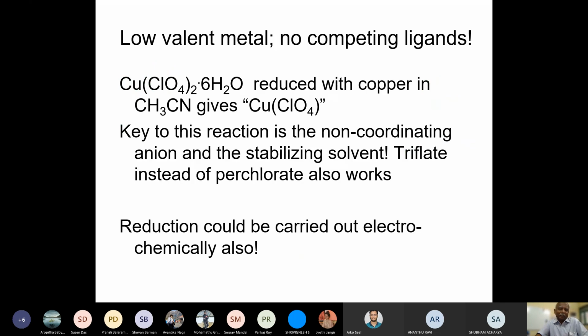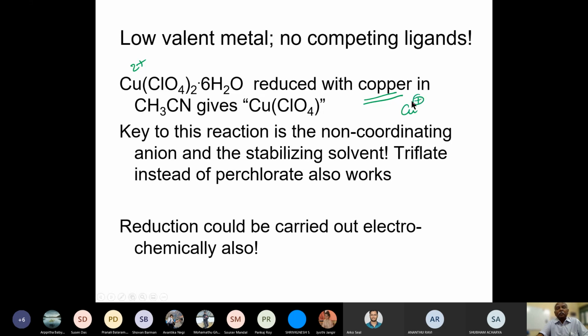A slight extension of the previous method. If you have copper 2 plus, now you can reduce it with copper metal. And this would be just a disproportionation reaction. You can do this very conveniently in acetonitrile, CH3CN, because CH3CN stabilizes copper plus.